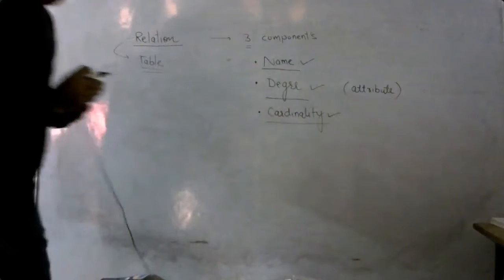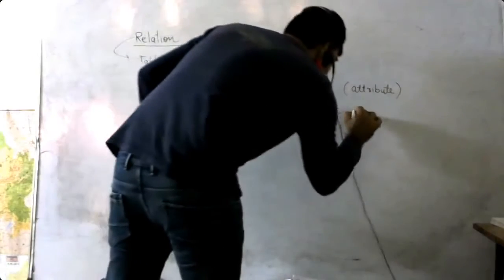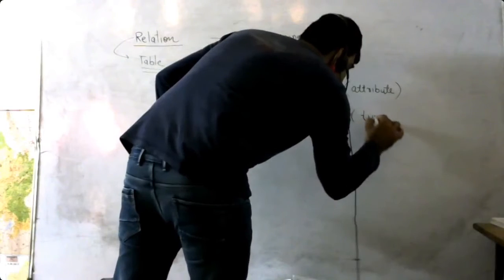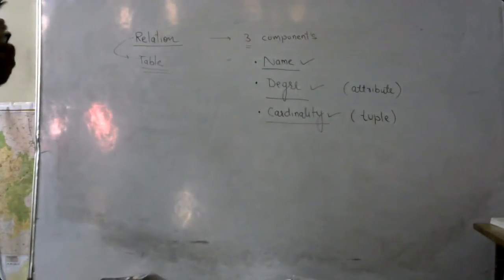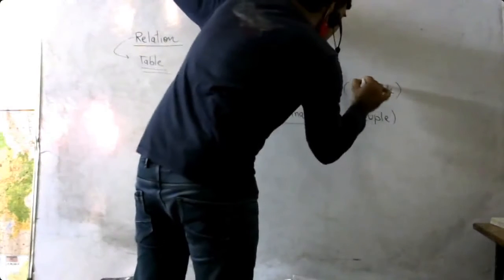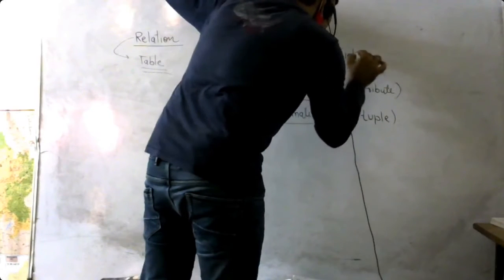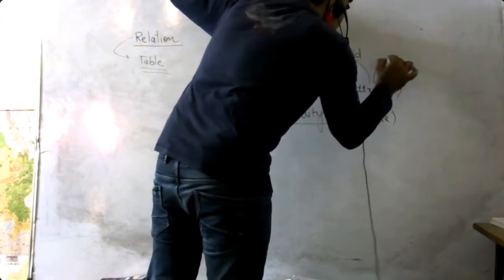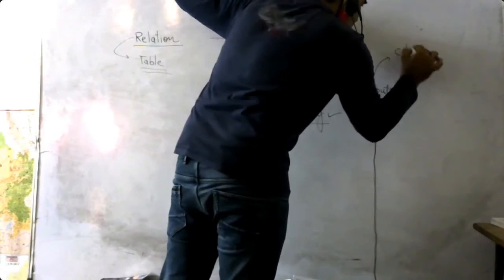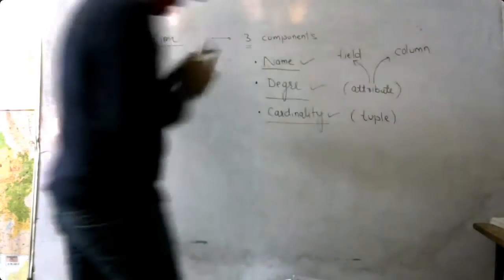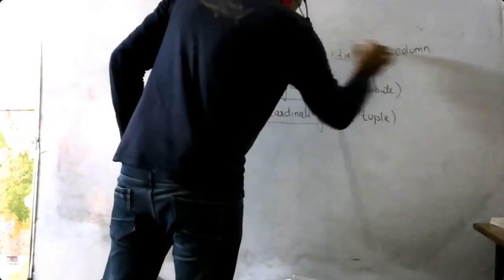The term cardinality is directly related with the term tuple. And I have already told you, whenever I say the term attribute, you can also call it field, and whenever I talk about the attribute, we can also call it column.